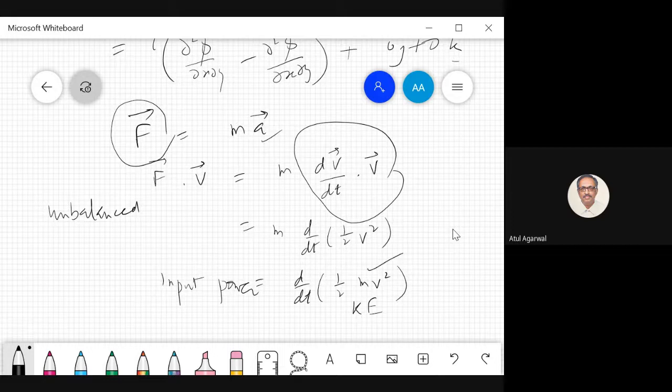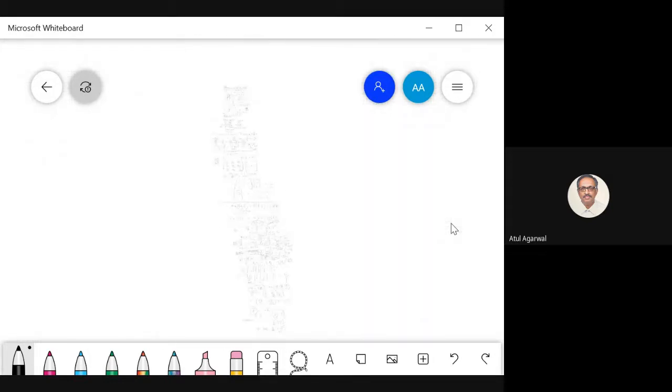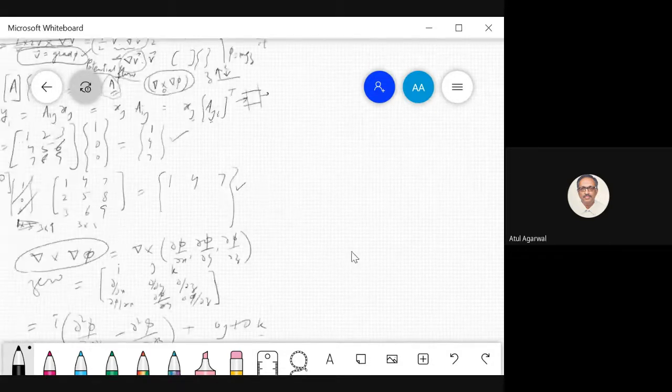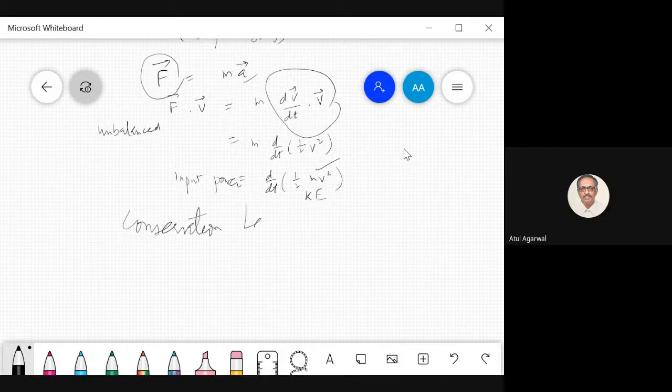So in this course, we have got several important equations. We will be dealing with some conservation laws. One of them is mass conservation. Then conservation of momentum, linear momentum, angular momentum, then energy.